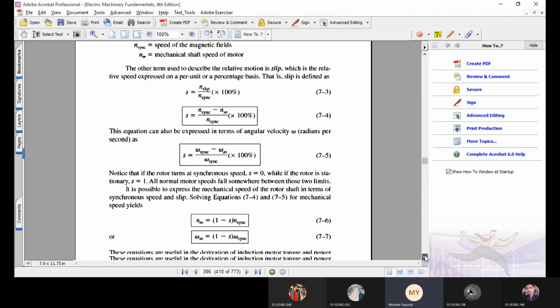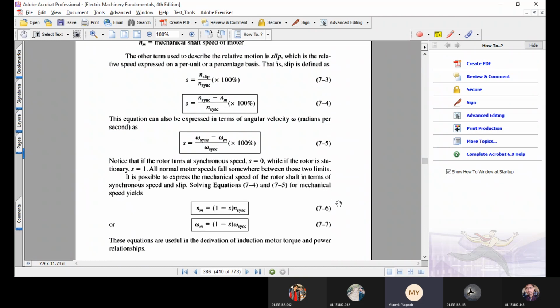Now, again, if we rearrange equation 7.4, we get equation 7.5. And if we rearrange equation 7.4, we get equation 7.6. And if we rearrange equation 7.5, we get equation 7.7.